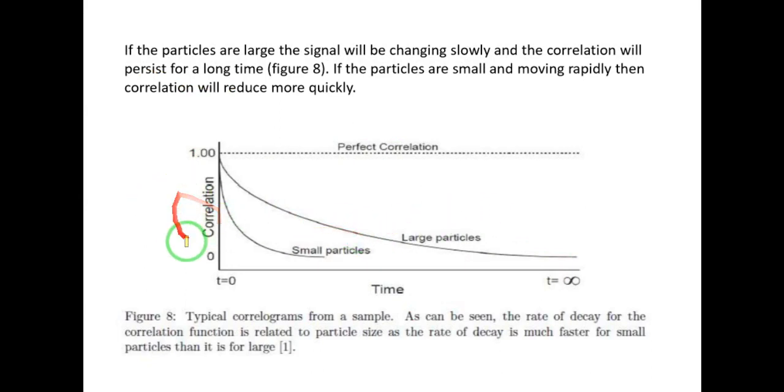Now you understand why the correlation decays from the value of 1 to the value of 0 as the time delay. This is really important. Let me add it here for you. As the time delay increases from 0 to infinity, but this infinity is compared to the fluctuation time of the light intensity.